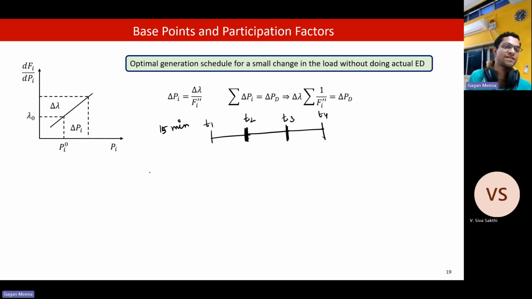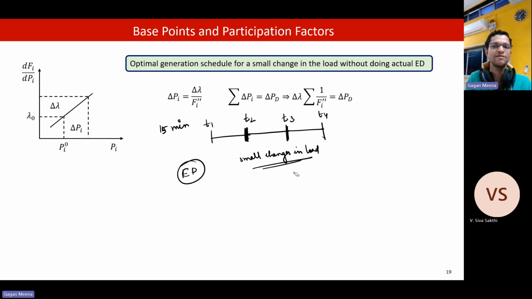And if we can have something where we need not calculate this economic dispatch again for small changes in load. If there is a very small change in load, then can we use something where we can directly have some formula instead of again doing economic dispatch for a large system?